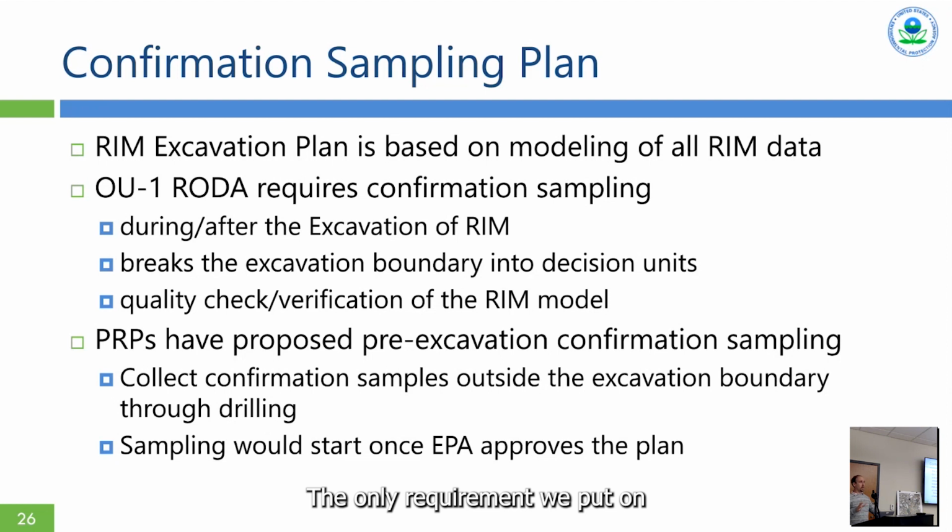The only requirement we put on how that confirmation sampling would be done is that it would happen during excavation and that they would need to break the excavation up into decision units that could not be any larger than 2,000 square meters, which is about a half acre. 2,000 square meters is a number that basically comes out of MARSSIM, the multi-agency radiological survey and site investigation manual, for Type 1 decision units, which are those where you have contamination, you've attempted to remediate, and now you're trying to prove that you've got it all.